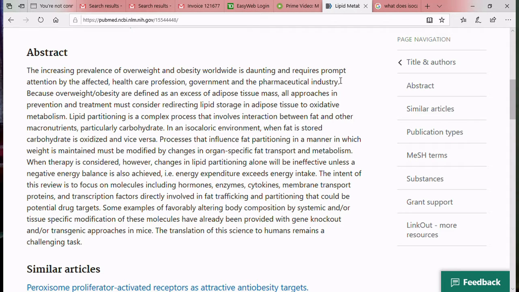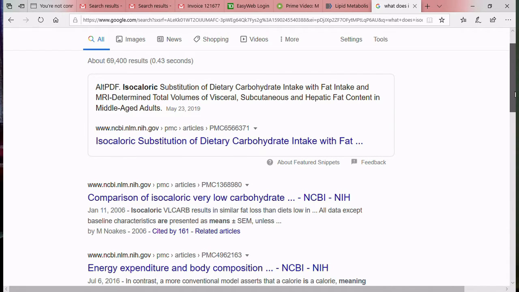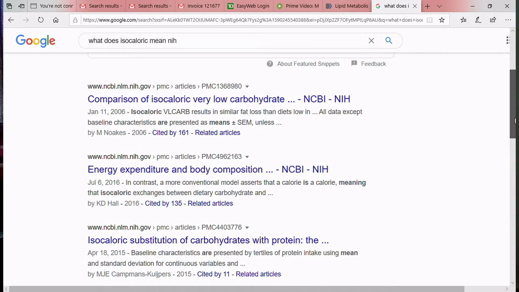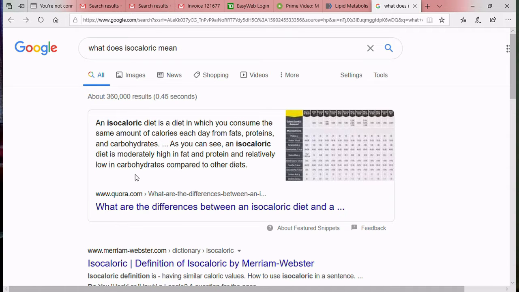Okay, it's funny because I looked up isocaloric, just wanted to make sure it's the same amount of calories every day. And when I did that, just looking up the definition, and I put the NIH at the end to get more studies, it's pretty interesting. Comparison of isocaloric, very low carbohydrate, isocaloric substitution of carbohydrates with protein. Back here they said, this is from Quora, an isocaloric diet is a diet in which you consume the same amount of calories each day from fats, proteins, and carbohydrates.